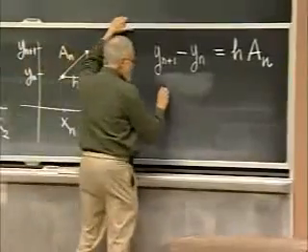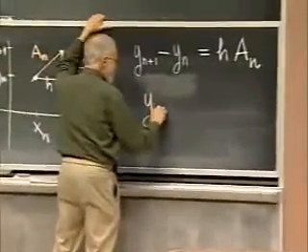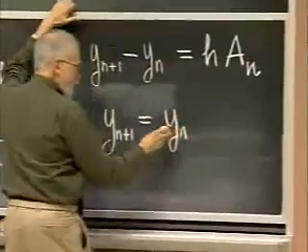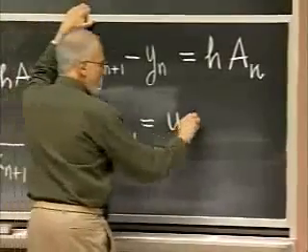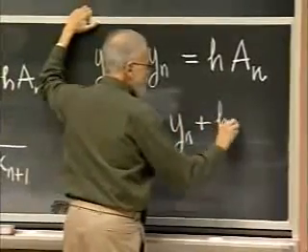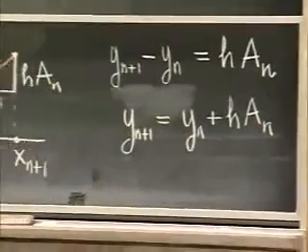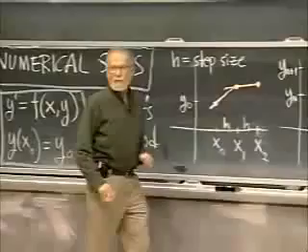Or, since the computer is interested in calculating yn plus 1 itself, put this on the other side. You take the old yn, the previous one, and to it you add h times an. And what, pray tell, is an?